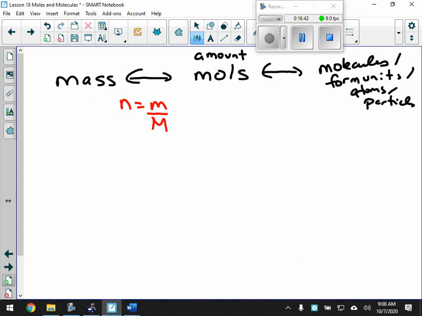How do I get from moles to molecules or vice versa? What do I use there? I use a ratio. So I'm just going to put this down. Again, we might have to flip it over, or manipulate it depending on the question. So 1 mole, we know, is 6.02 times 10 to the 23 stuff.